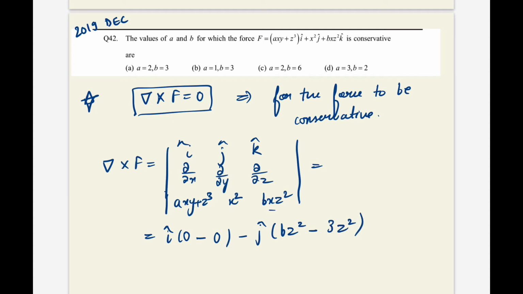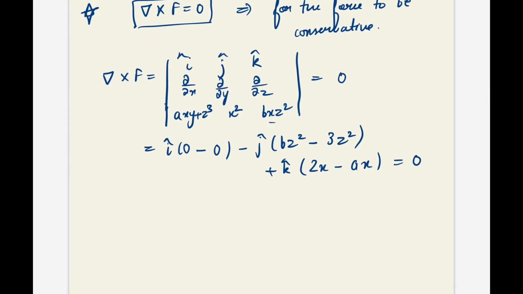If I am going too fast, please slow it down by the option provided by YouTube. Then del by del x of x square is 2x, and del by del y of axy plus z cube is ax.